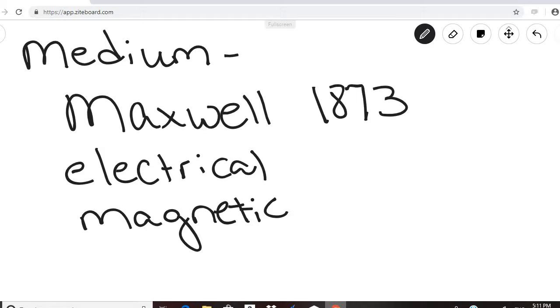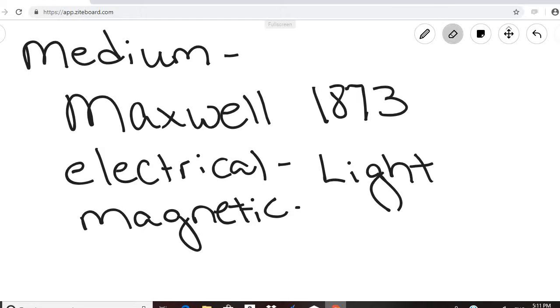And he was able to show that electrical fields and magnetic fields are related to each other, and that you can predict the speed of that relationship as being the speed of light.